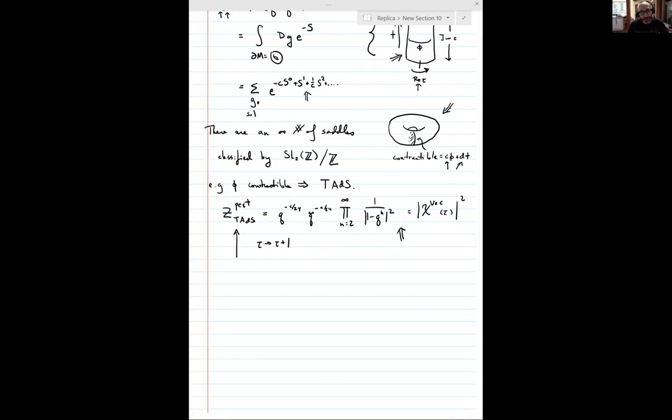Modular invariance, for example, as we're seeing here, is a consequence of the sum over topologies. And that's not something that's built into Chern-Simons theory. So I think of Chern-Simons theory as some mutilated version of gravity, which works at the perturbative level, but needs to be augmented with something else at the non-perturbative level.